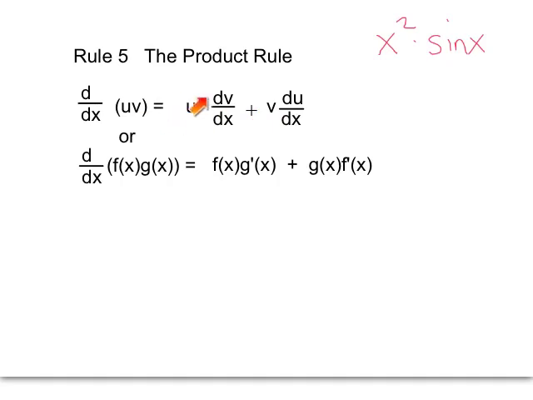You guys are sort of self-centered, right? No, just kidding. But anyway, you start with u. Or you could say the derivative of f times g is fg prime plus gf prime. This is something you might want to make a flashcard for and memorize, because you're going to be using this all year long. All right, let's move on to the next slide and actually put this into action.